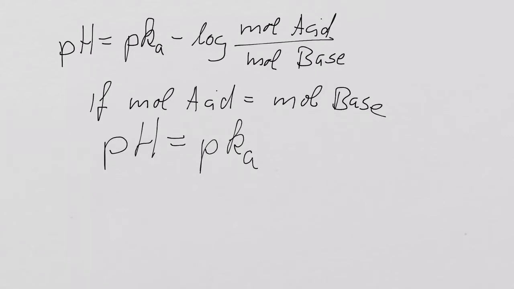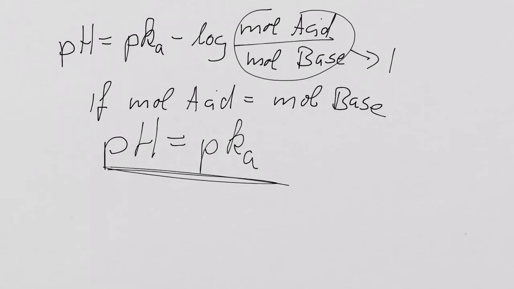What would you get for mole acid divided by mole base? You get 1. So you are absolutely right. Log 1 is 0, so pKa minus 0 is still pKa. So in this case, pH equals pKa.